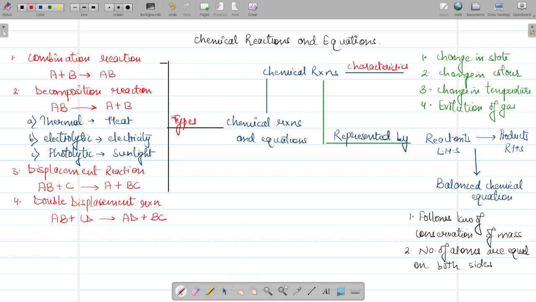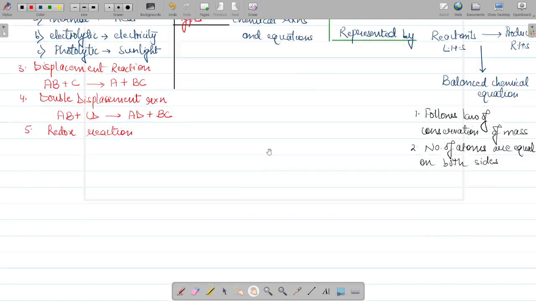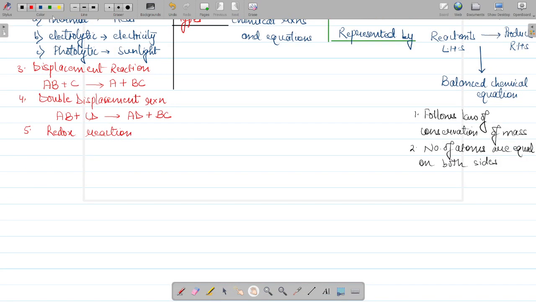Another point is that the other very important reaction is the redox reaction. Basically, we call it a redox reaction because it is the combination of oxidation and reduction. Now, when we say it is a combination of oxidation and reduction, it means that we study them separately.